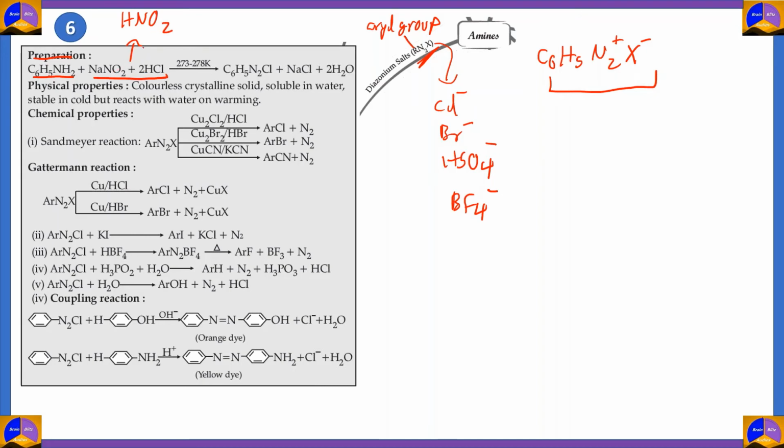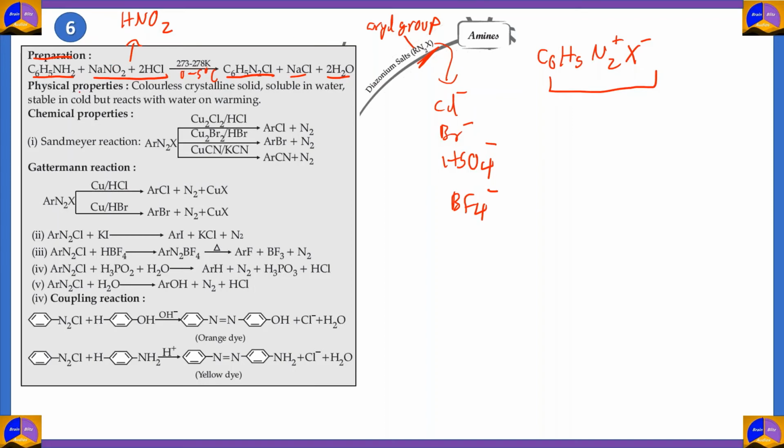So the freshly prepared HNO2 reacting with benzylamine in the range of 0 to 5 degrees Celsius forms benzene diazonium salt, and sodium chloride and 2H2O. So this is the primary method of formation of diazonium salts.